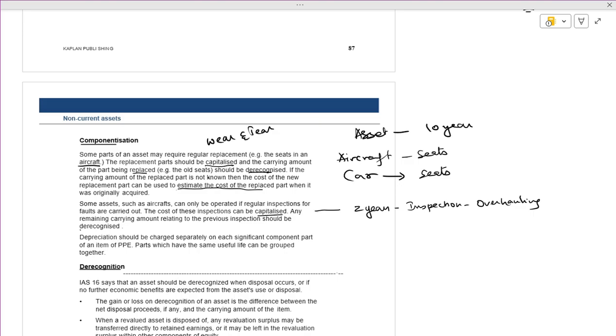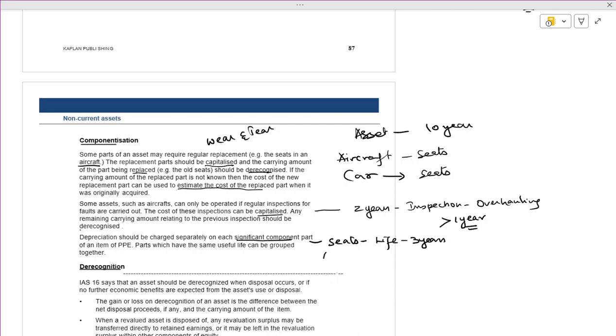Is that what we have done in the first point? Any property, plant and equipment has a useful life of more than 1 year. Depreciation should be charged separately on each significant component. In this case, if you take the seats as an example, the seats will have a life of 3 years.